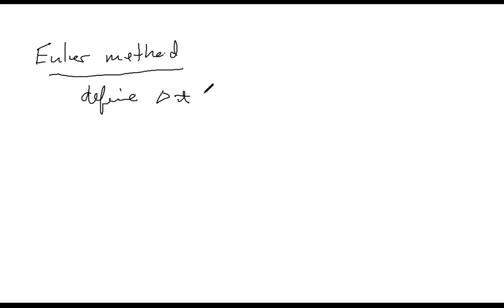So we're going to have to define delta t. We're going to need to specify initial values. For second order differential equations, you're going to have to specify multiple initial values. So maybe I should just call this initial values. Okay, so you have to specify initial values.